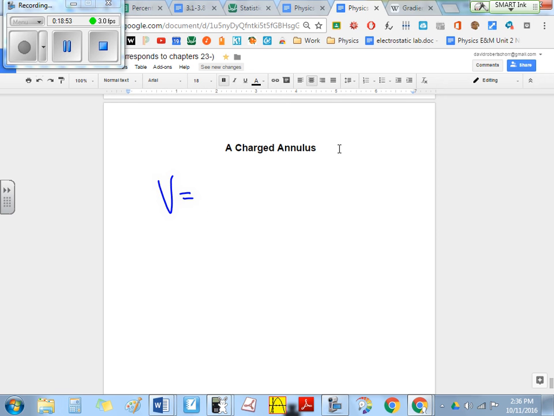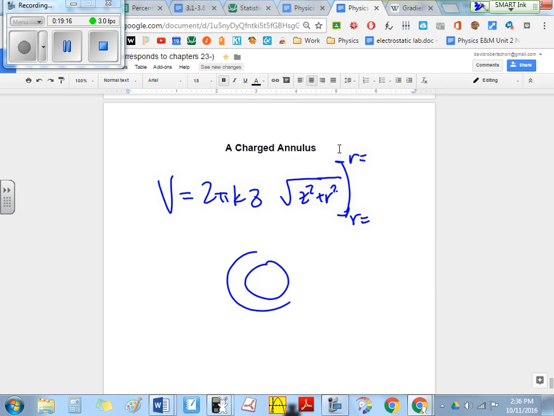What was it? 2 pi K sigma, right? And then we have square root of Z squared plus R squared. And instead of going from R equals, sorry, this should be a little r, instead of going from R equals 0 to R equals big R, you're only going from R1, and then you're collecting your way out to R2, if that makes sense.